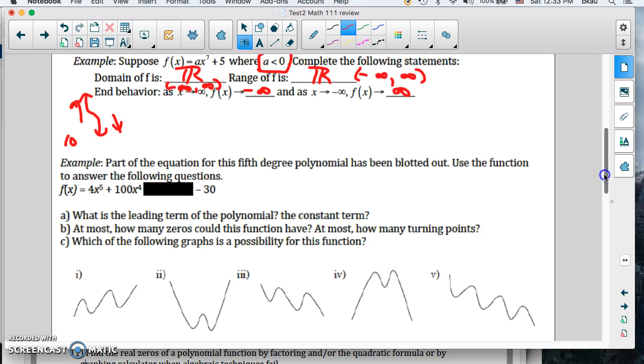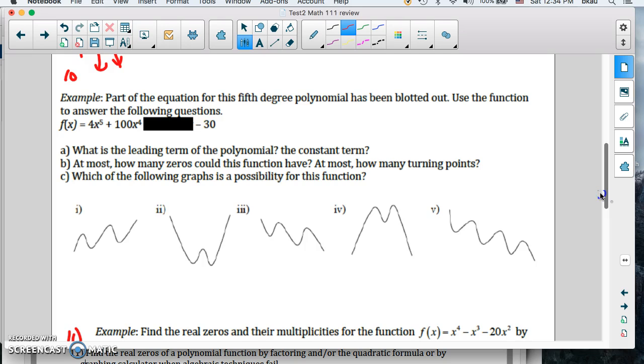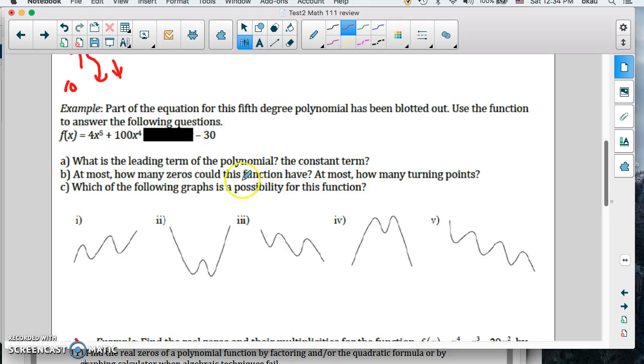Section 10, you're going to combine some power functions into polynomial functions so that it causes the power functions to wave in the middle. So this asks what's the lead term of the polynomial. So the lead term is 4x to the 5th.